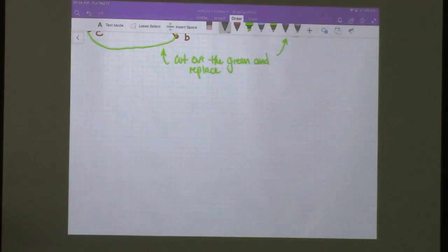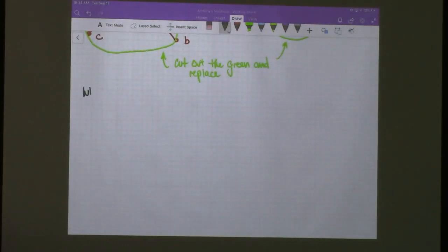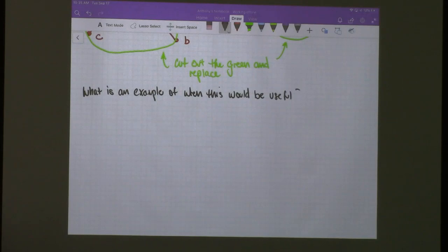Or actually, the next question it asks is, so before we talk about how to do it, let's go through an example.